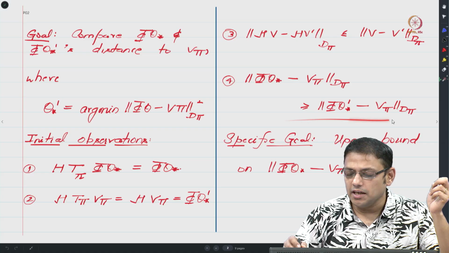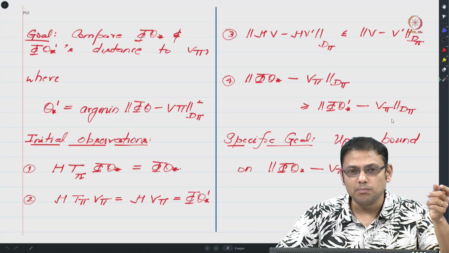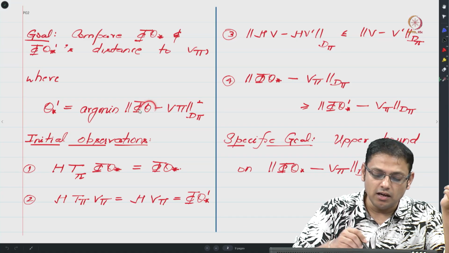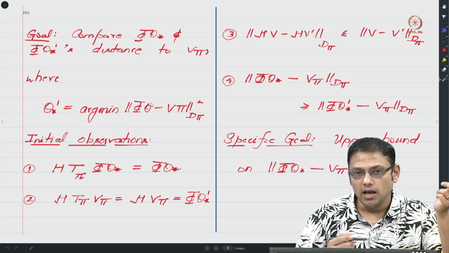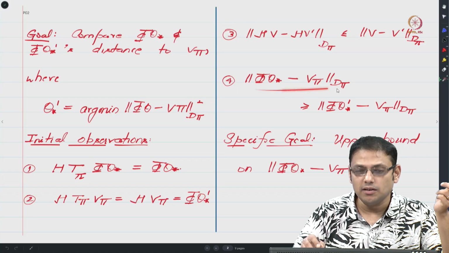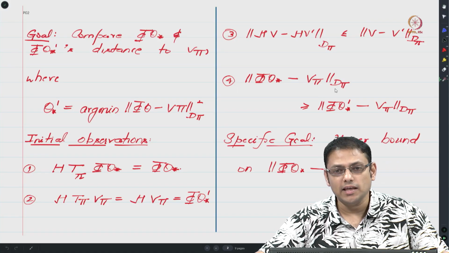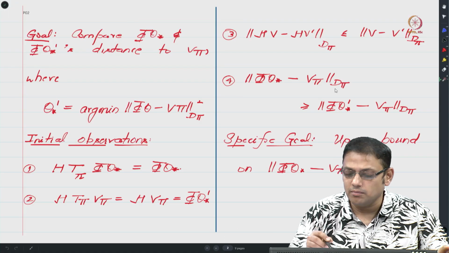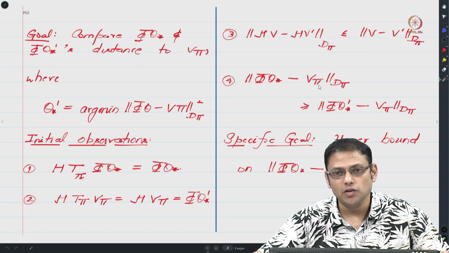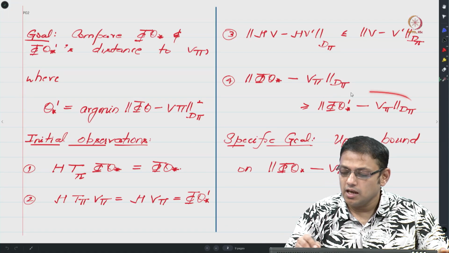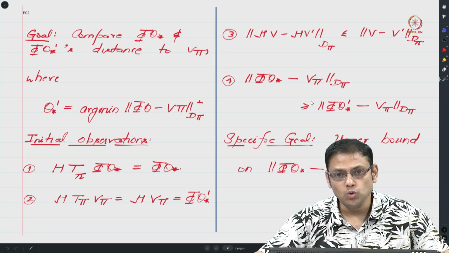This inequality holds because theta star prime is defined to be the theta that minimizes this quantity, and hence by this very definition, if you substitute any other vector other than theta star prime, the distance of phi theta star to v pi would be larger than that of phi theta star prime to v pi.